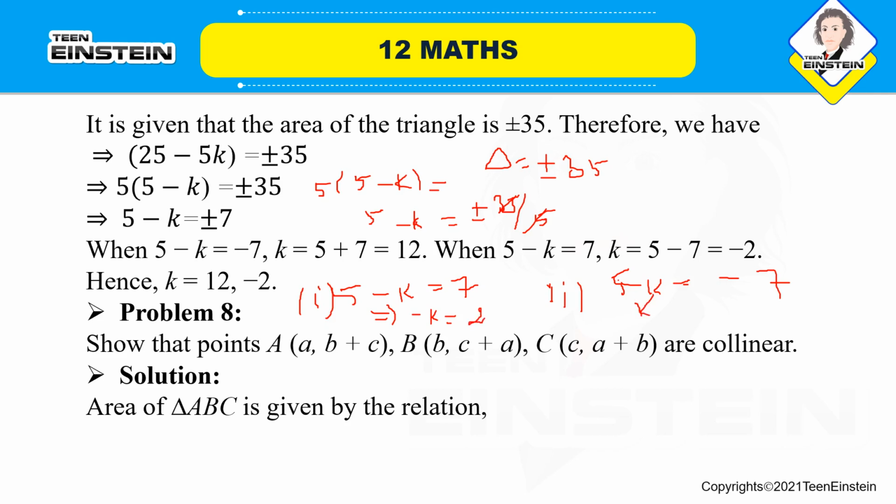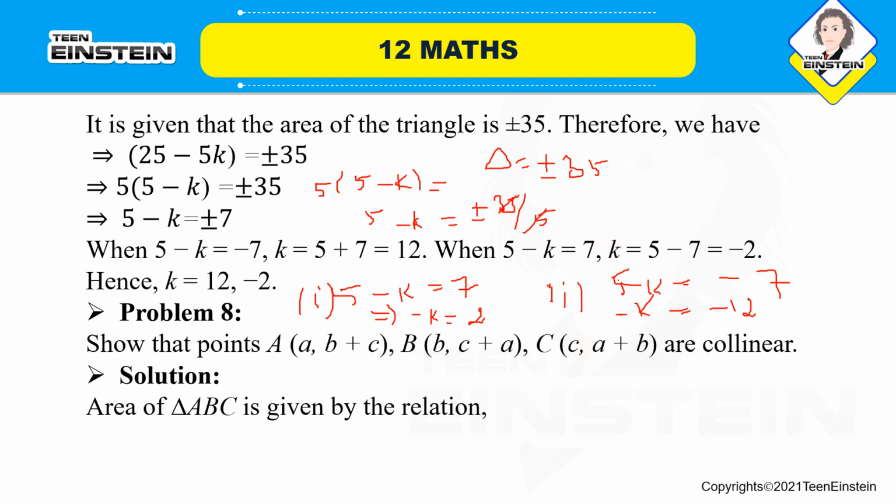And from this minus k is equal to minus 7 minus 5, minus 12. Therefore, k equal to 12, and from this k equal to minus 2. So, we are getting two different values for k. One is 12 and another one is minus 2.